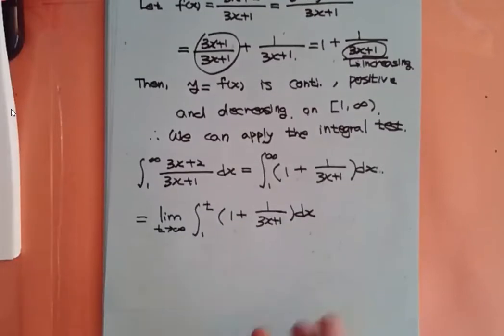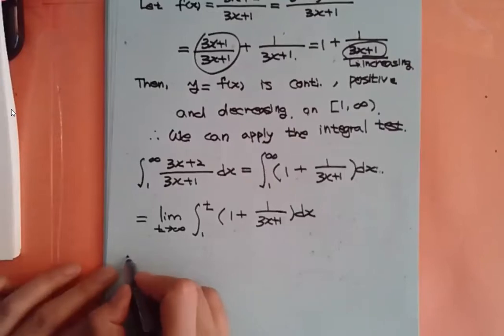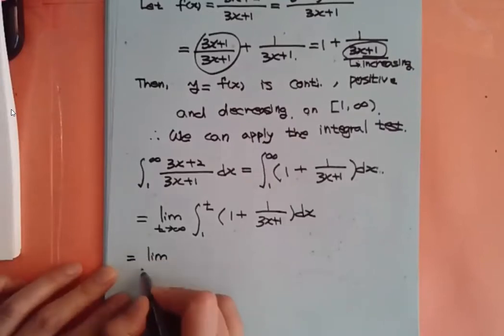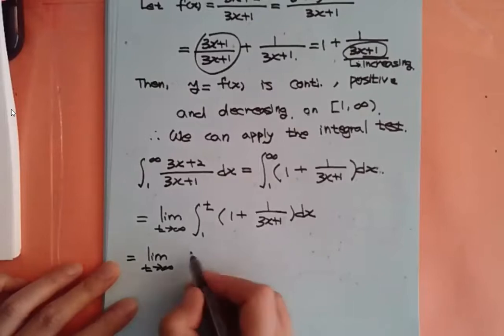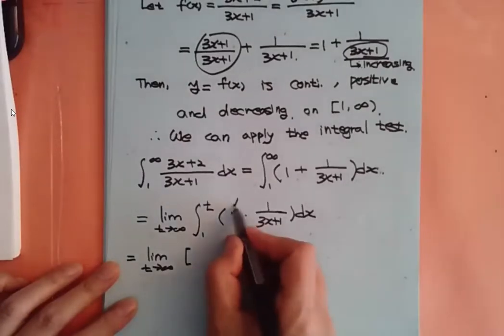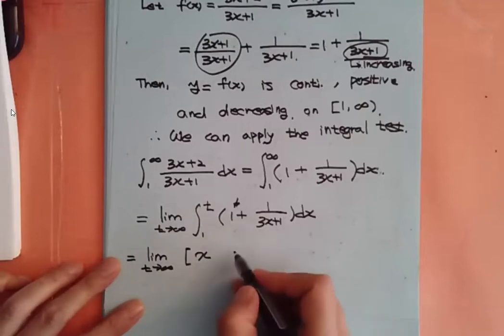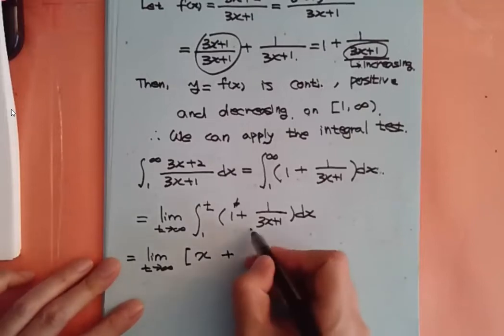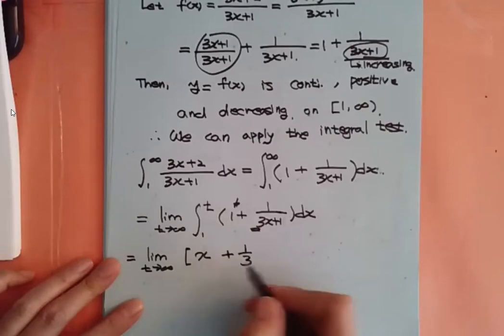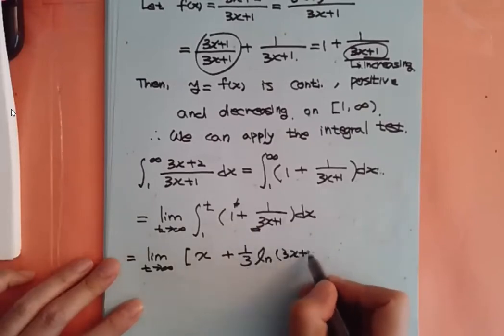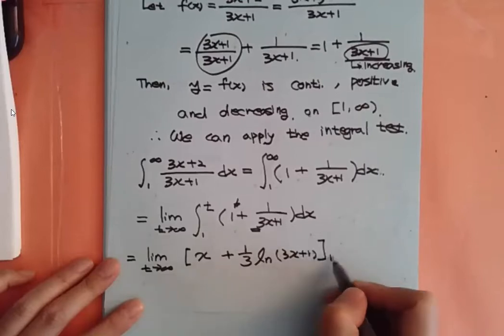And integration itself is pretty easy. The first term's integration is obviously x. The next one is natural log, but 3 is here, so we have to divide by 3: 1 over 3 natural log of 3x plus 1, from 1 to t.